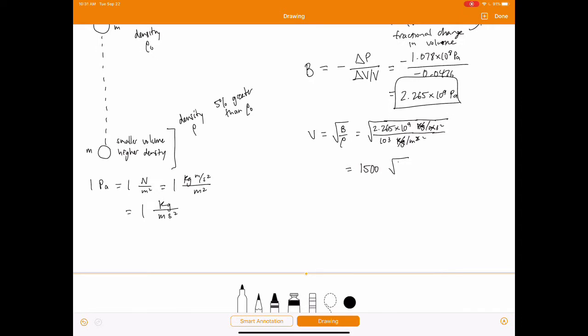But that meters squared will go to the top, and then we'll have seconds squared on the bottom. So that's about 1,500 meters per second. So that's what we've calculated for the sound speed in water. And that's pretty close to the actual value, which is 1,480 meters per second. So we did a pretty good job of estimating the speed of sound.